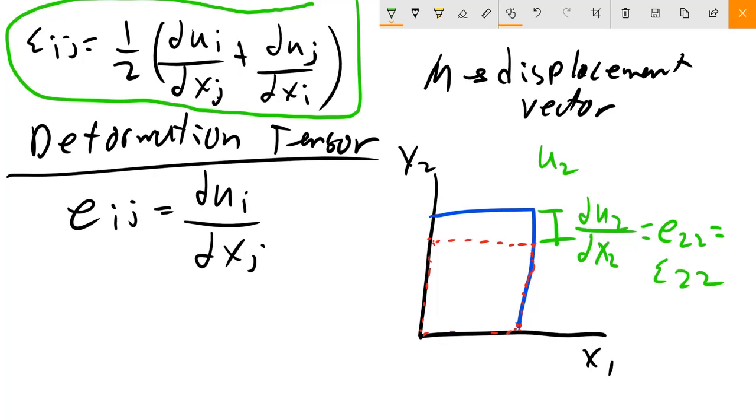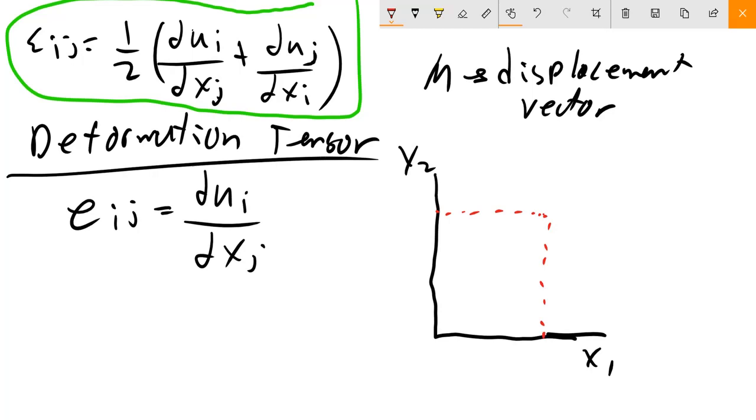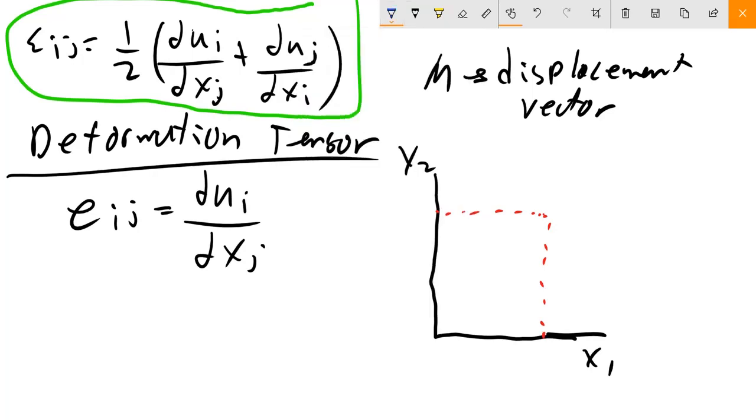So let me erase really quick. I'm going to erase this here. Now imagine, I have to erase this unfortunately. Switch my colors and go back. Now imagine instead that we have our initial box in red, and now I shear from both sides. So this is not going to look pretty, but please bear with me.